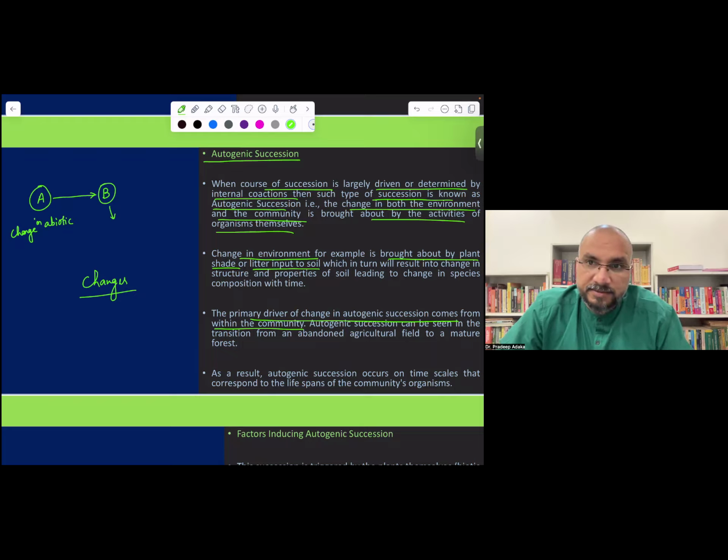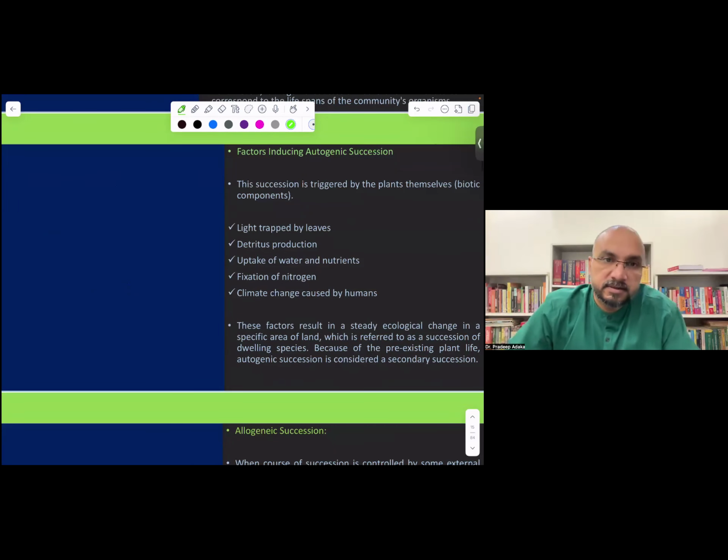Autogenic succession समझ में आया? So autogenic succession takes a long period of time. बहुत टाइम लेता है.